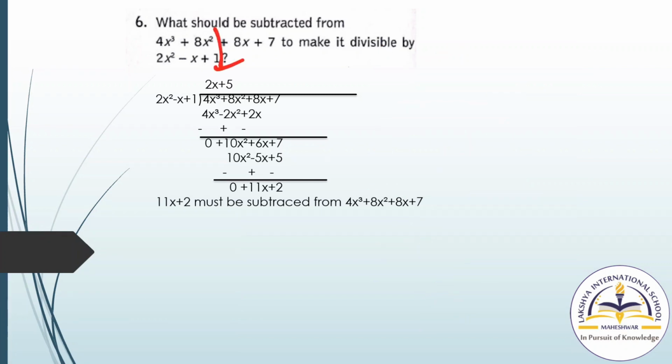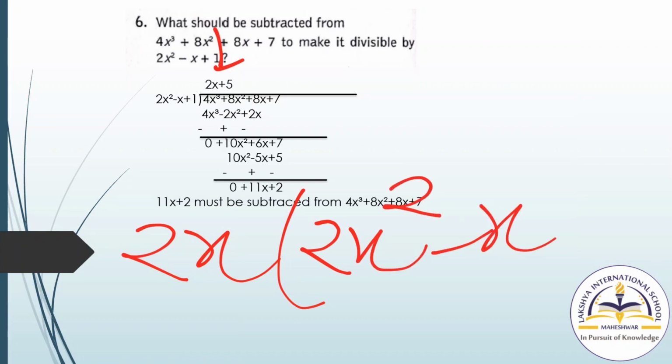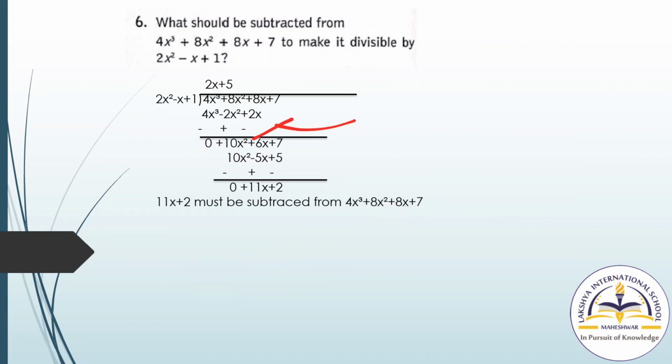Now you have to multiply 2x with this expression 2x square minus x plus 1. Now you will get 4x cube minus 2x square plus 2x. Then you have to change the sign and solve them. Minus cancels, then plus 10x square, then again plus 6x plus 7 from the question.